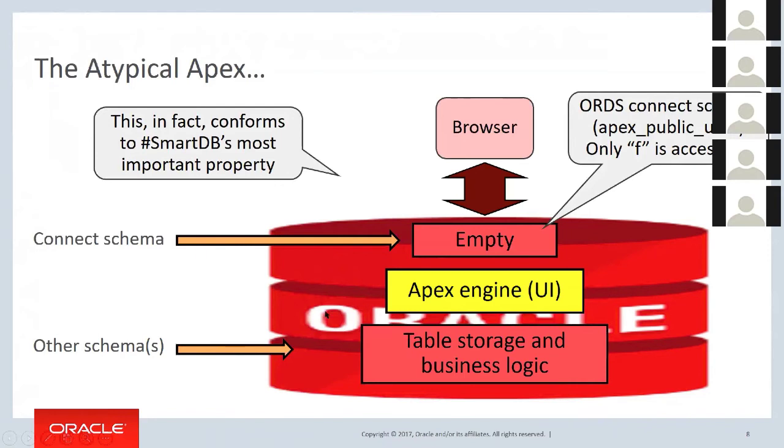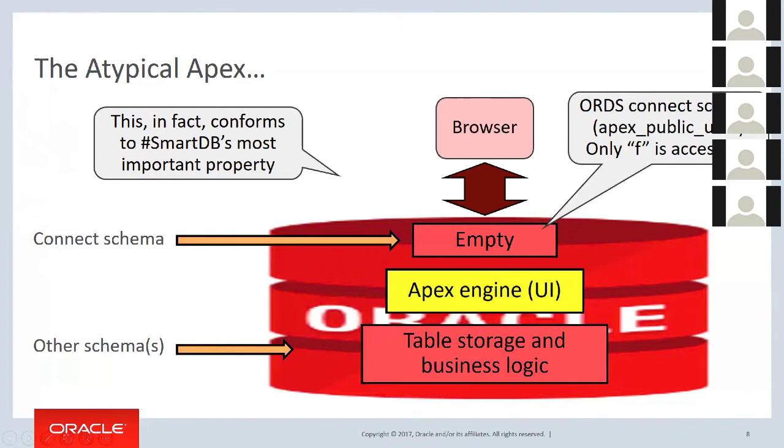Because in some way, you can say that Apex already conforms to that most important property that we just mentioned. Because how do you get to Apex? Well, there is only one function exposed via ORDS. It's that F function. Actually, it's a procedure. That's the little bit that starts every Apex URL. F is a procedure into the Apex engine, and everything from the browser via ORDS comes into the database via F. And F is executable by this empty schema that ORDS is using, typically Apex public user or something else that you've configured.